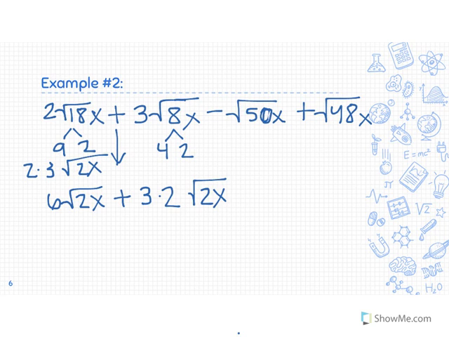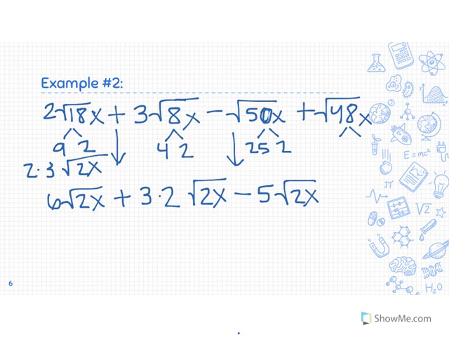Now I'm going to bring down my minus sign, and then we're going to break down the 50, and we're going to do 25 and 2. Those are my perfect squares, so the 25 is a 5. There's no number I am multiplying out in front of the coefficient there, and I'm left with a 2x inside.